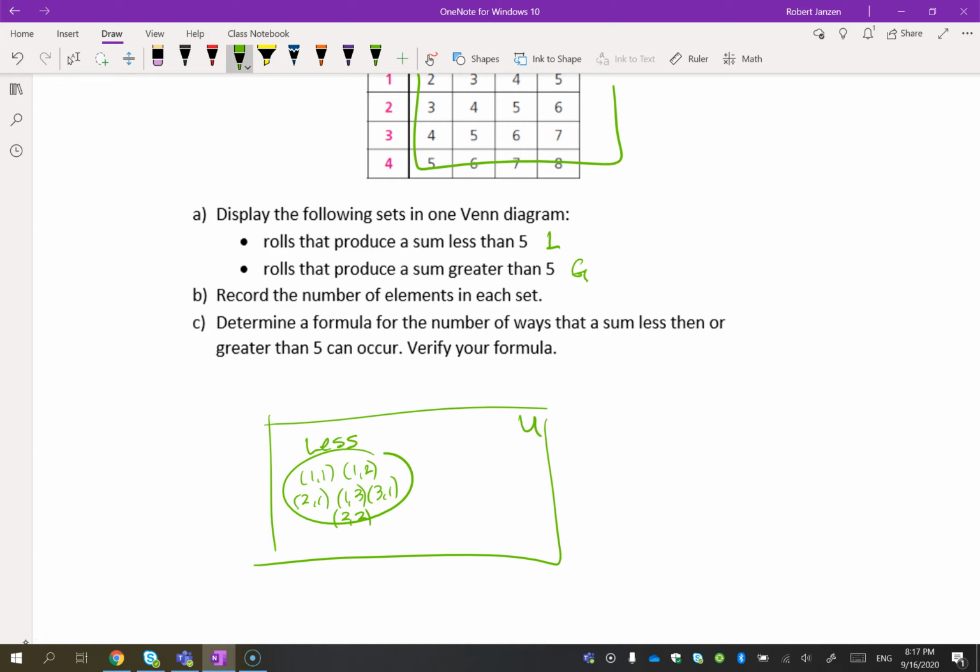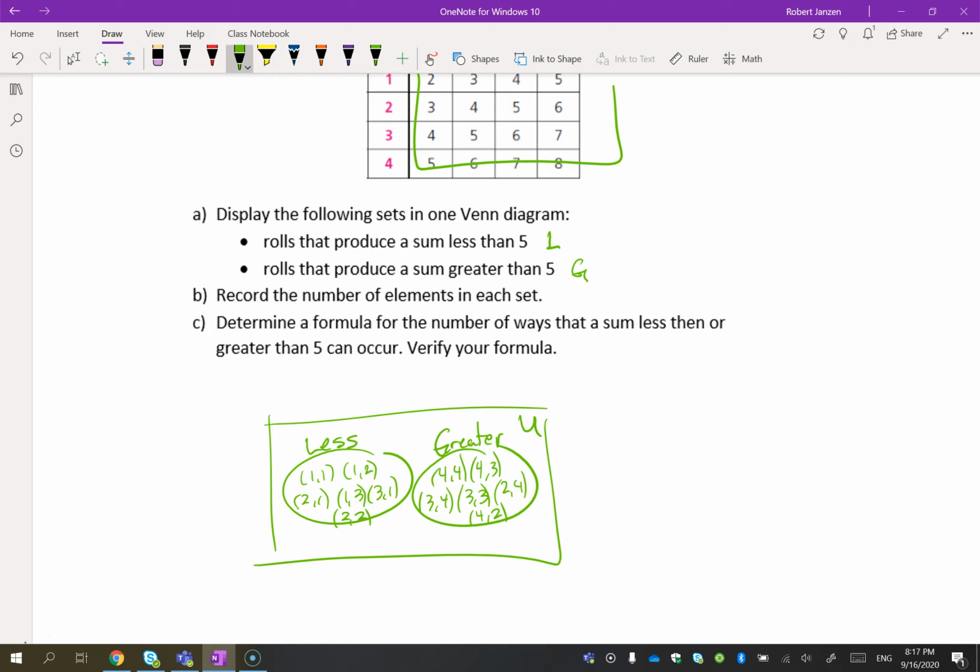Those are all combinations that will give us a sum that is less than 5. What about greater than 5? Well, 4 and 4, 4 and 3, 3 and 4, 3 and 3. Any others? Sure. There's 2 and 4, and 4 and 2.